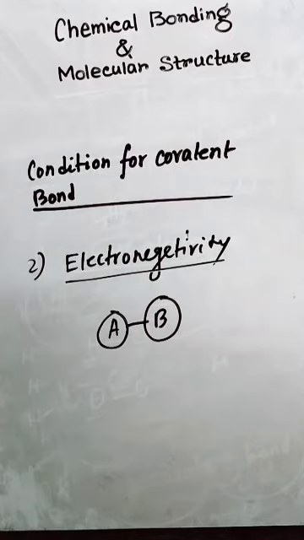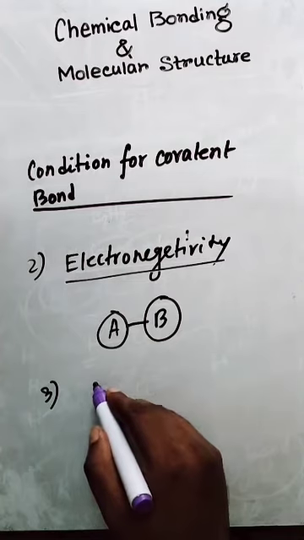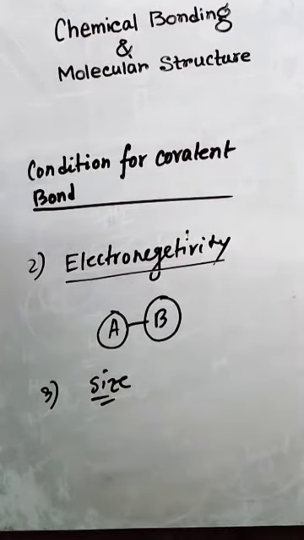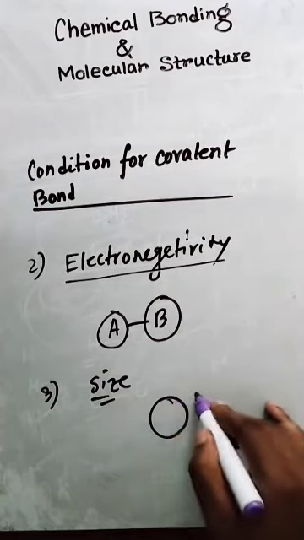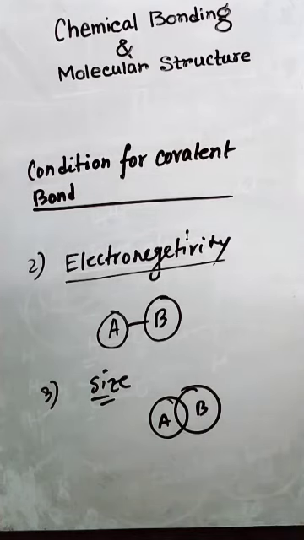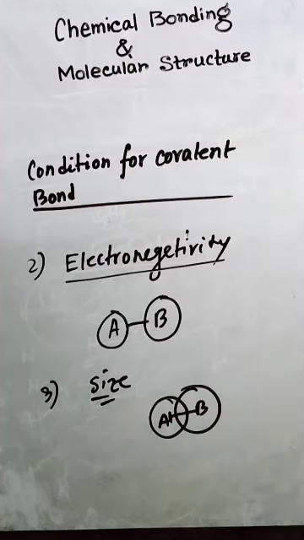And the third important point is distance, or ionic radius, or size of the element. How does size affect the formation of covalent bond? If the size of the elements A and B is smaller, then the distance between the two nuclei is also shorter.